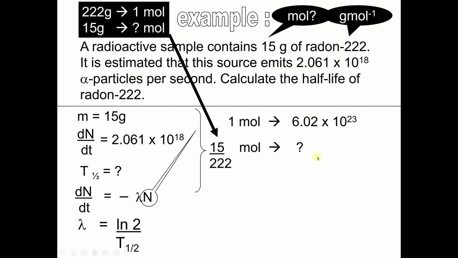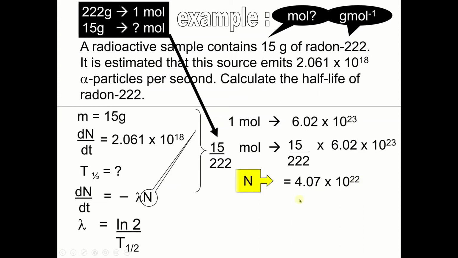Now to get the number of atoms, N, we also use ratio: 15 per 222 times 6.02 times 10 to the power of 23. The answer is 4.07 times 10 to the power of 22 atoms.